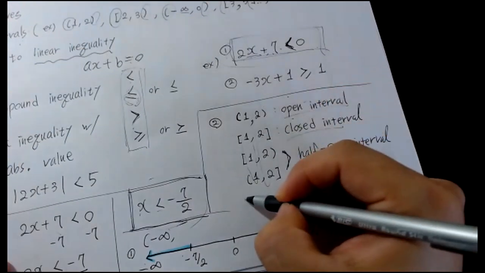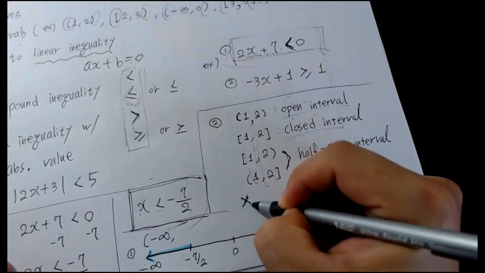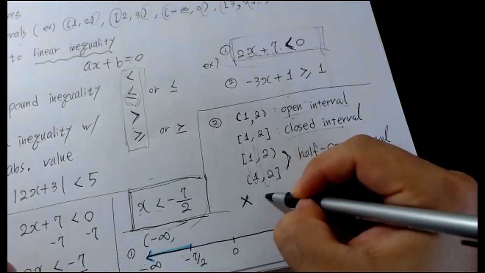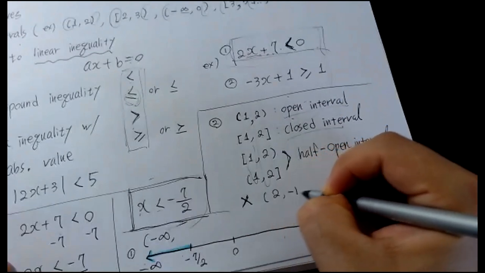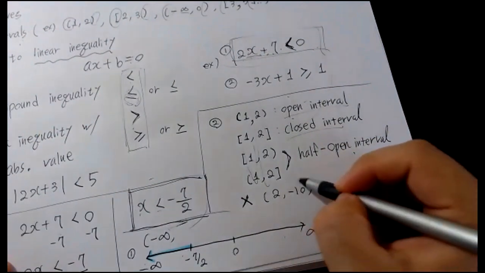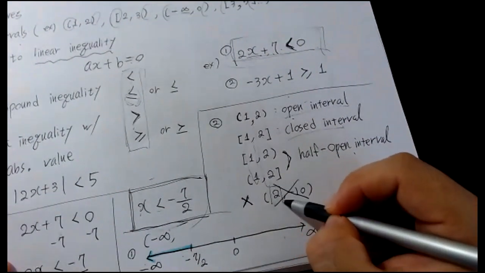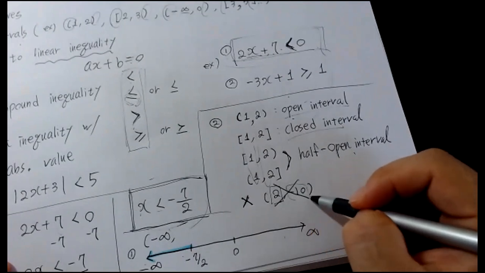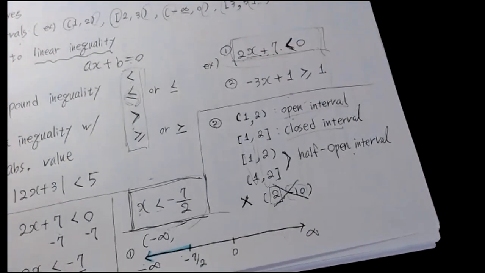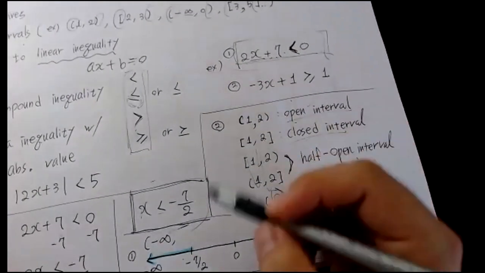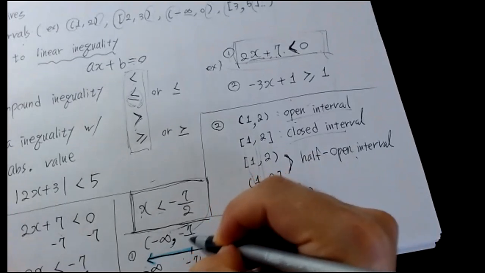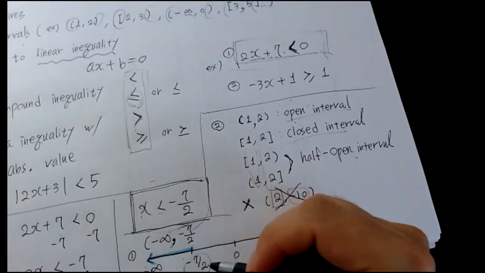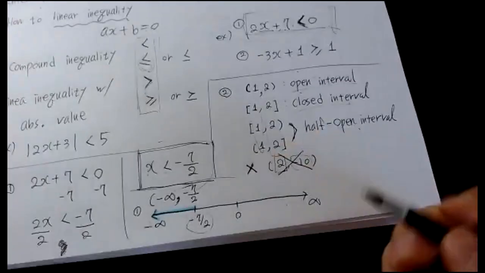So there is no such interval notation as, for example, 2 comma negative 10. Why? Because the left number is not less than negative 10. So keep in mind, the left number must be less than the right endpoint. All right, so from negative infinity comma negative 7/2, and negative 7/2 must be excluded from the solution set.